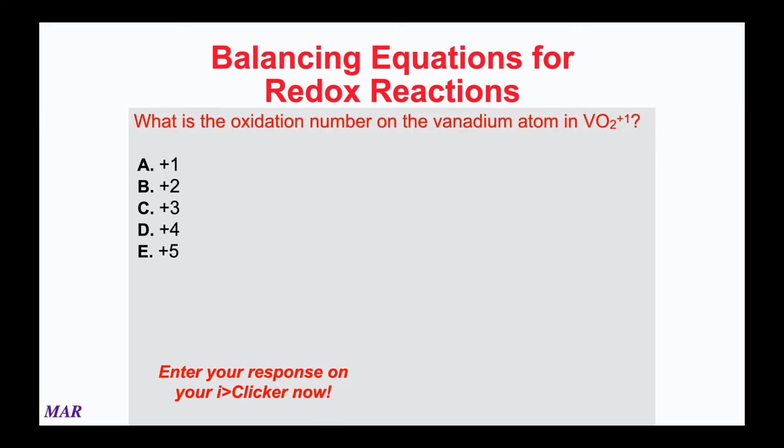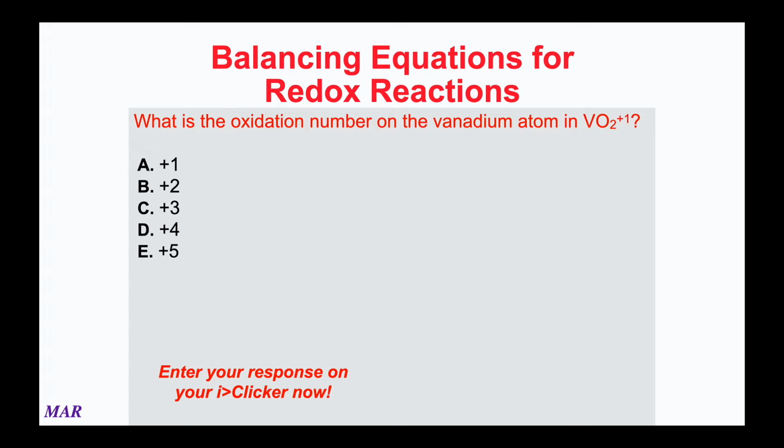Here's a good question. What's the oxidation number on the vanadium atom in VO2 plus 1? Okay, so metals are almost always positive numbers, so that's good. How you want to do this is remembering that hydrogen is plus 1 and oxygen negative 2 almost all the time.